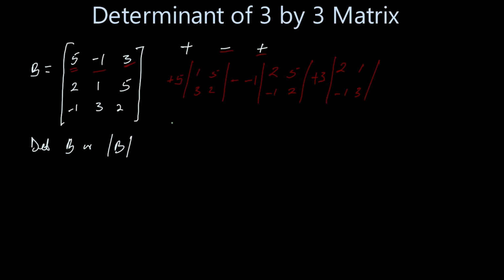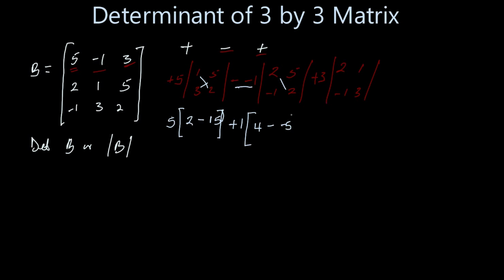Now, up to that point, what is remaining is for us to just clean this up so that we have a 5. So we have positive 5. We multiply 2 times 1, which is 2, minus 3 times 5, which is 15. Then minus minus will be a plus, so plus 1. 2 times 2, which is 4, minus 1 times 5 is minus 5.